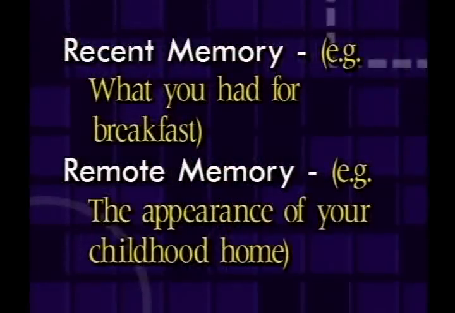Remote memory is those things that you have stored on your hard disk. Things like the appearance of your childhood home, what your high school graduation was like. These are things that are stored over long periods of time. Recent and remote memory are important because they operate in 2 different areas of the brain, and they are preferentially damaged in Alzheimer's disease.